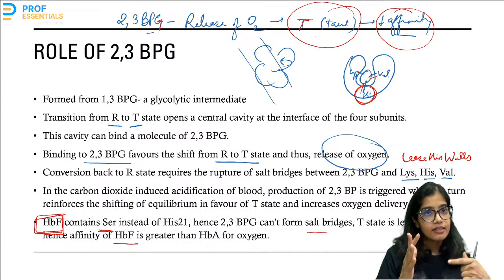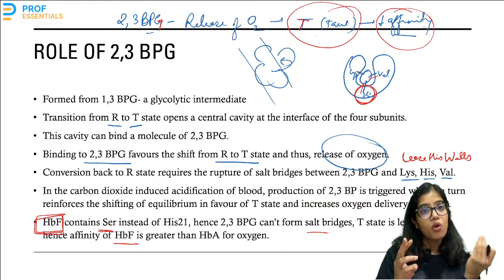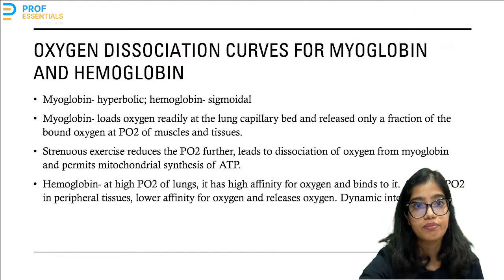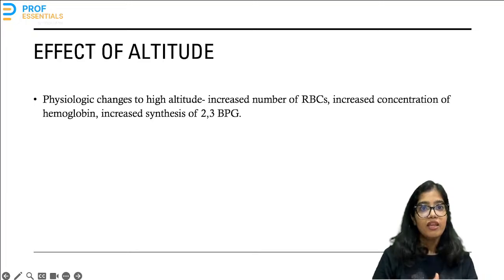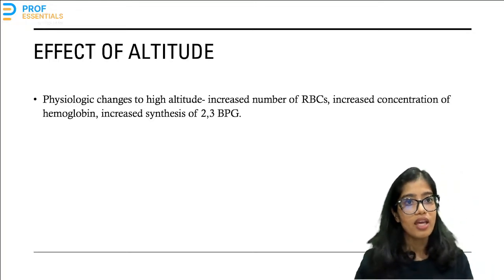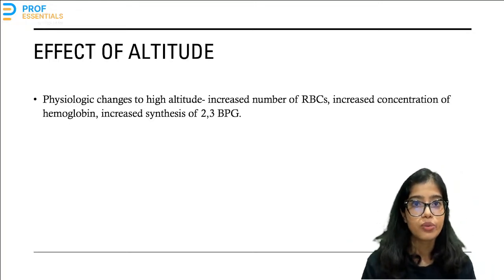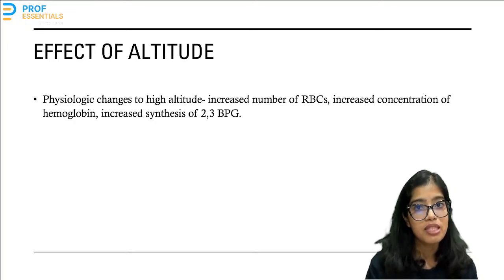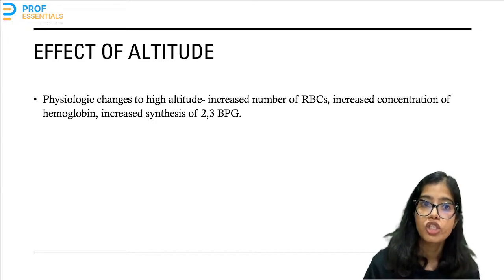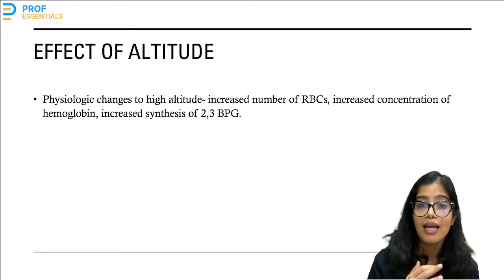Taut state, relaxed state, protons, carbon dioxide, oxygen, 2,3-BPG, everything is getting interconnected. Now, the effect of altitude. At high altitudes, a lot of physiologic changes occur. The number of RBCs is increased, in each RBC the concentration of hemoglobin is increased, and the synthesis of 2,3-BPG also increases.